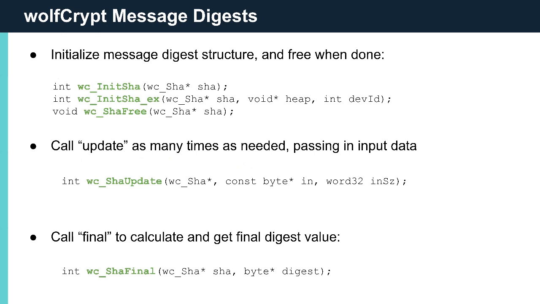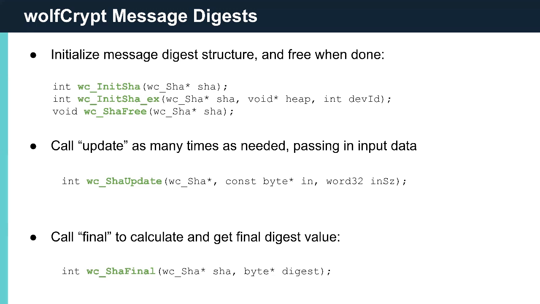In the middle, as you're using it, you can update as many times as you need to by passing in more data consecutively, using the wc_ShaUpdate function. That allows you to not have to read in your entire image or buffer, or whatever you're doing an update over, and just chunk it up and save memory.